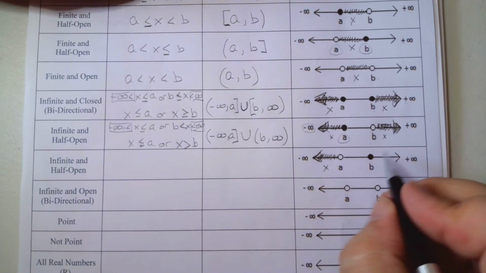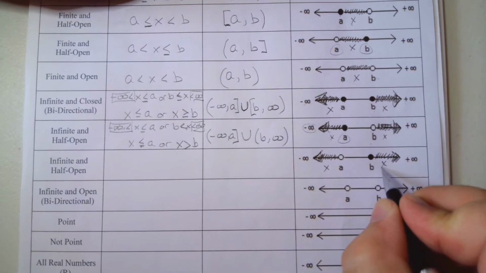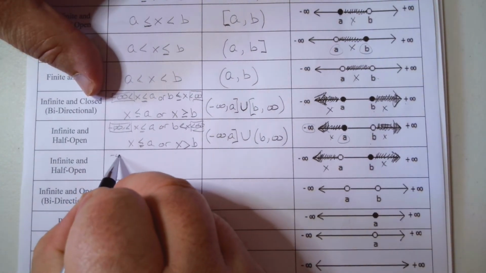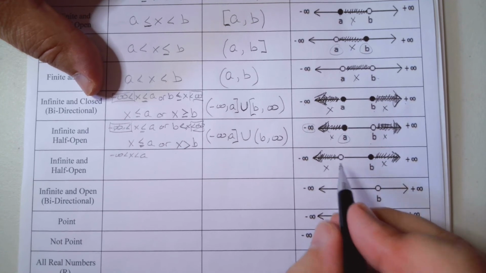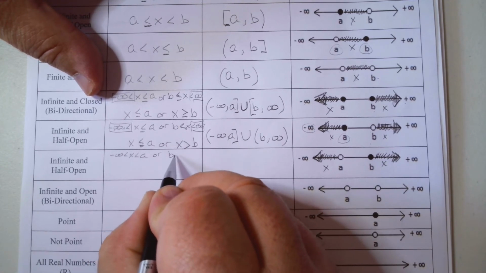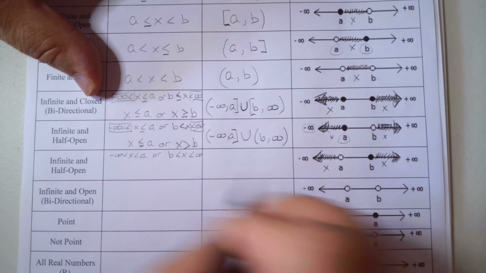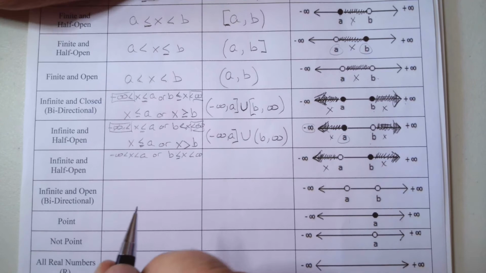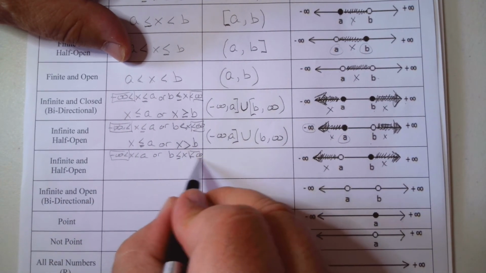So left of a, right of b, we have negative infinity is less than x is less than a, it's open. Or b is less than x is less than infinity, but b is solid. Get rid of the infinity parts.